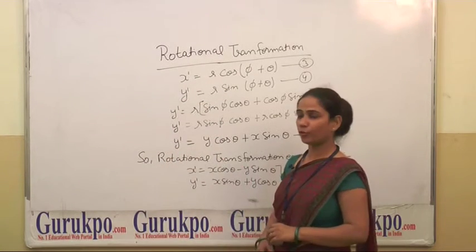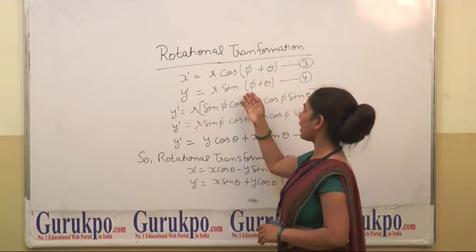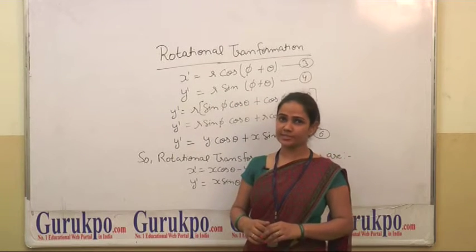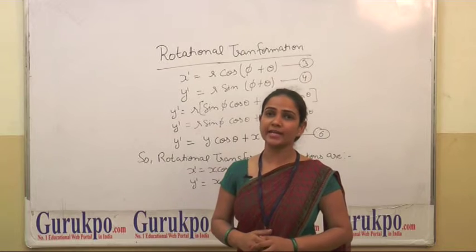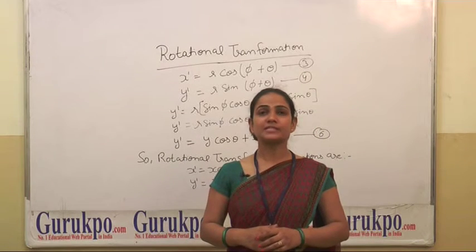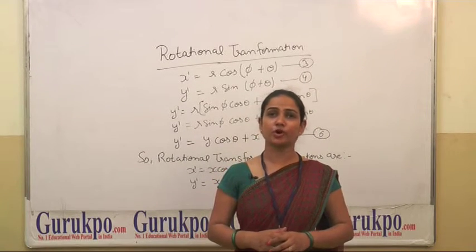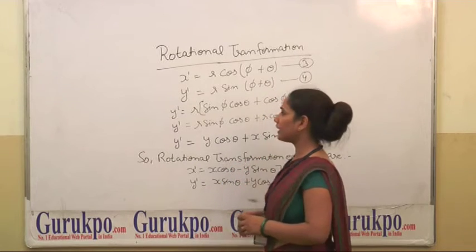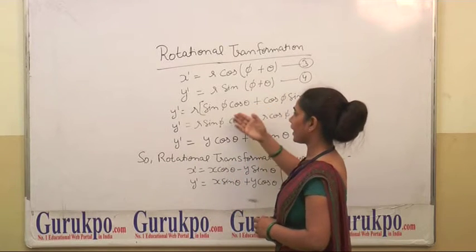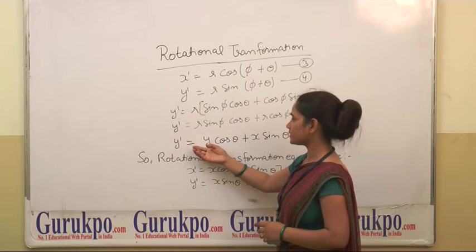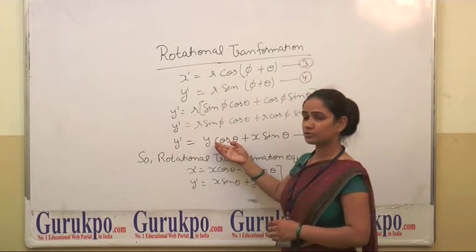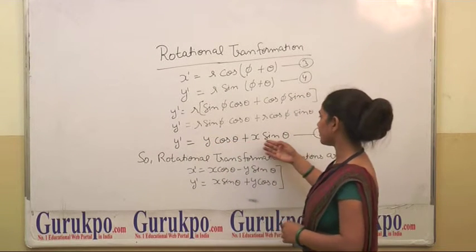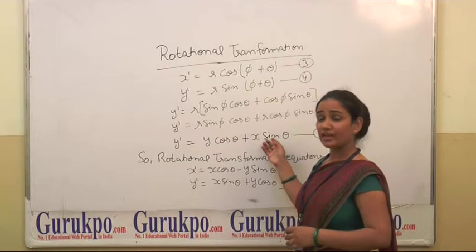From the equation, Y dash is equal to R sin of phi plus theta. We all know sin of A plus B is equal to sin A cos B plus cos A sin B. We will apply this formula here and we will get this equation: Y dash is equal to Y cos theta plus X sin theta.